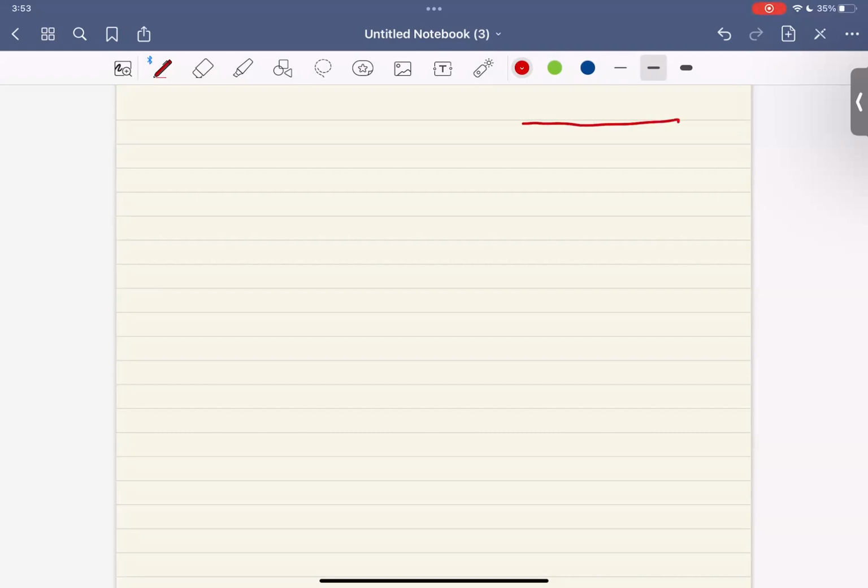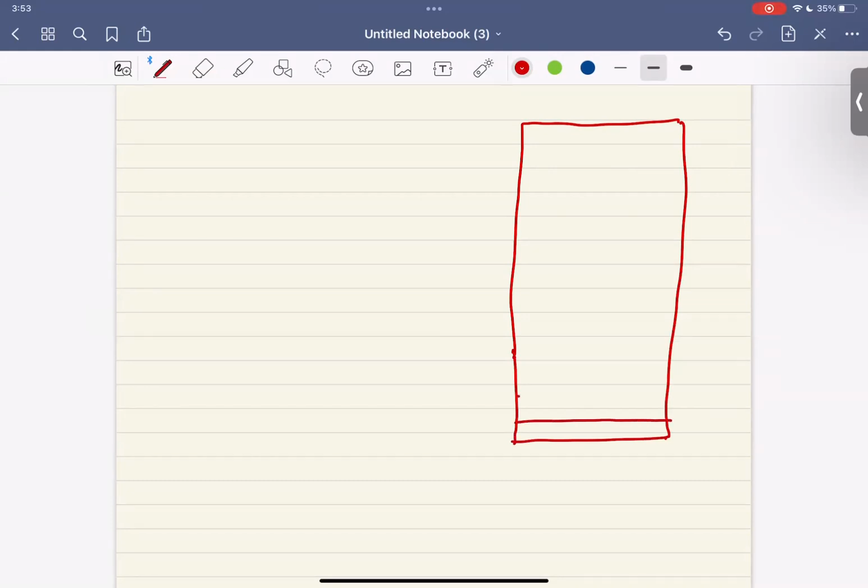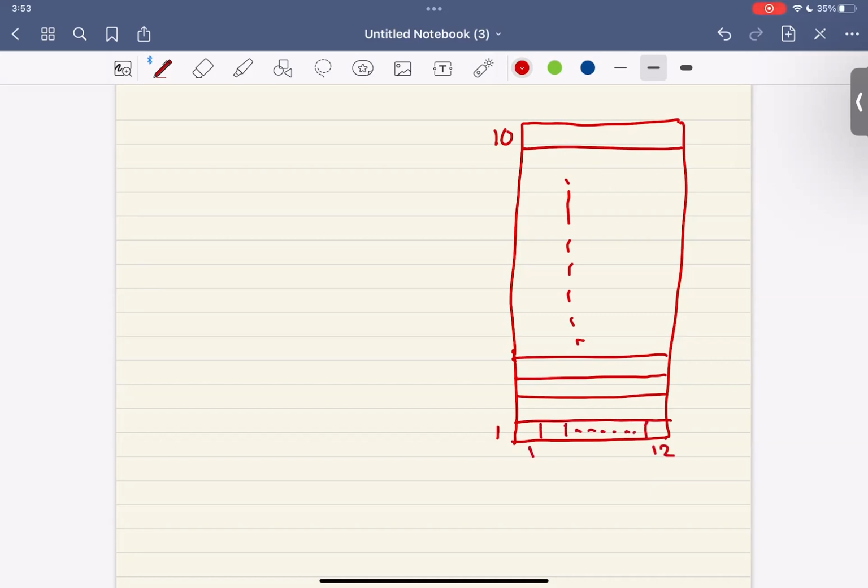So here we have our hotel. Suppose we have 10 floors, from number 1 till 10, as an example. And suppose that in each of the floors we have 12 rooms, so from 1 till 12. And these numbers are in decimal.